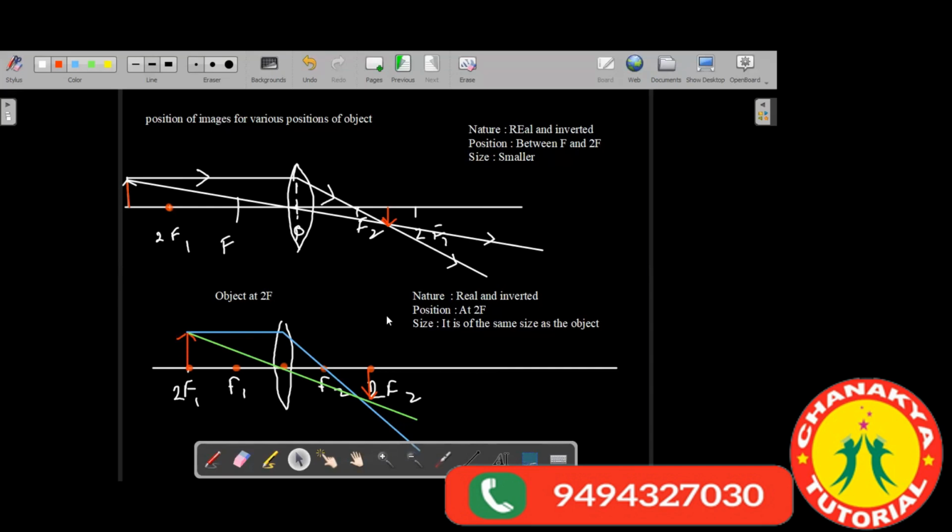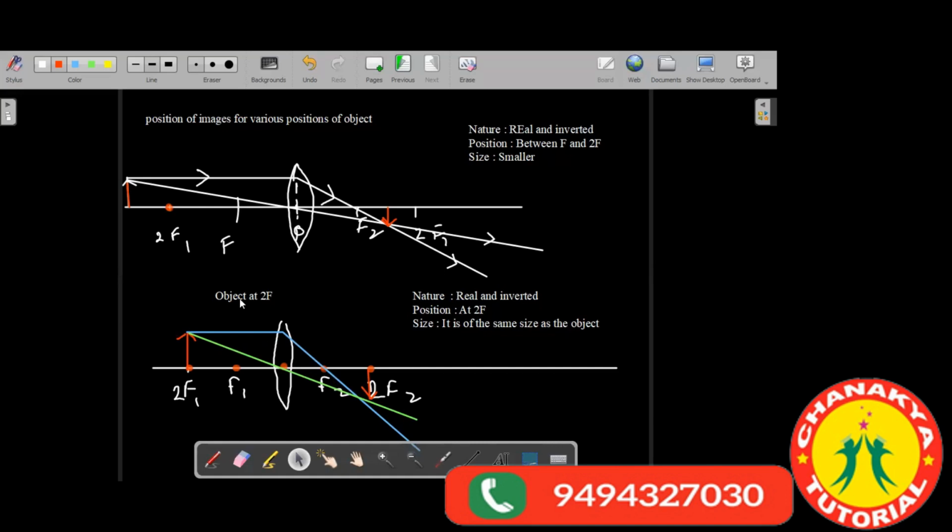The rules which we are using for the rays are the same for both diagrams. A ray of light coming parallel to the principal axis passes through focus, and a ray of light passing through the optic center passes undeviated.